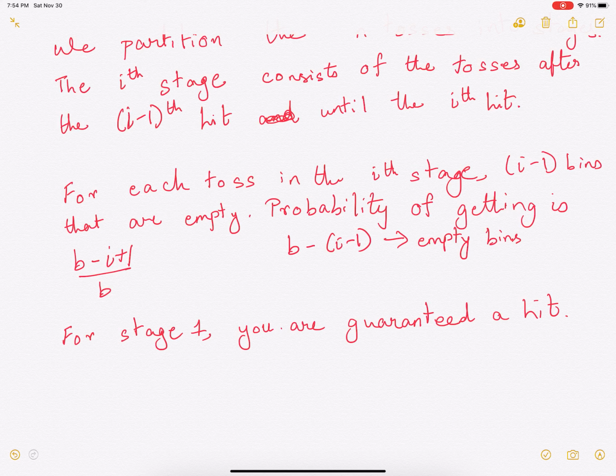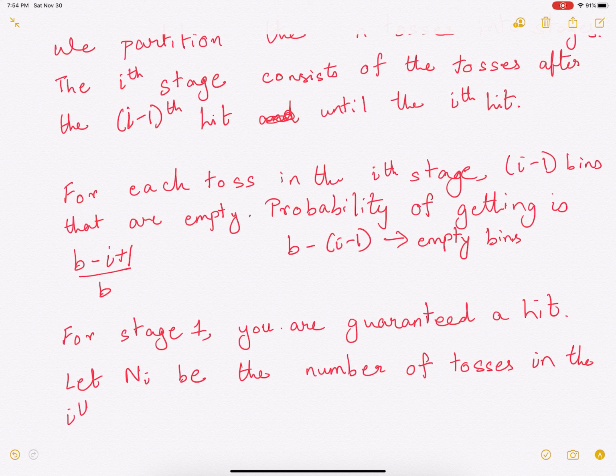Now, for the ith stage, we are going to model it, and this model is going to turn out to be a geometric distribution. Let Ni be the number of tosses in the ith stage.